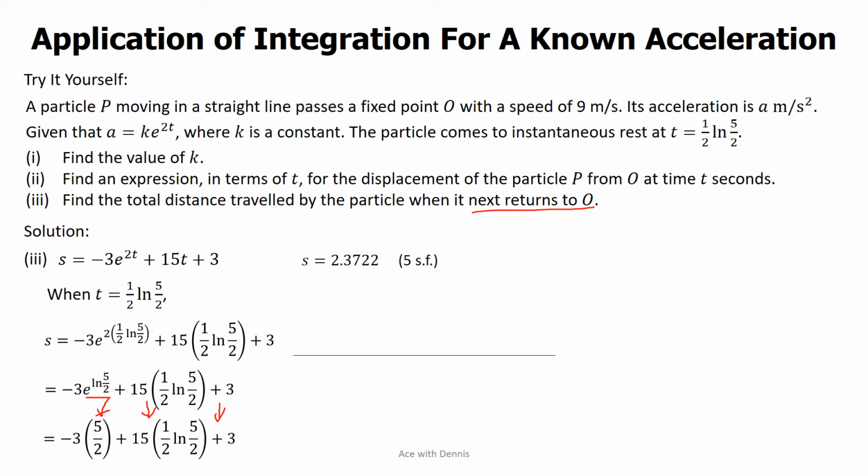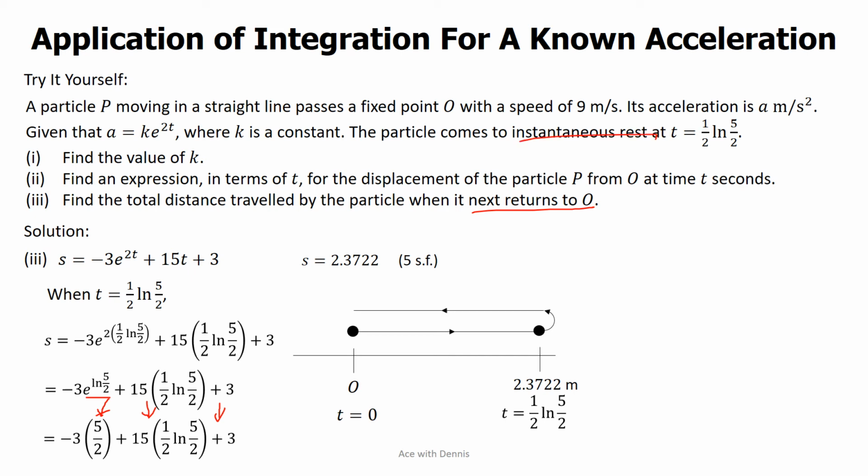Now we can start to draw the diagram. This is the reference point or the fixed point O. When t equals 0, the particle is at this point. It moves in this direction. At time half ln 5 over 2, the displacement is 2.3722 meters, and the particle is at this point. And it starts to change its direction as it is at instantaneous rest.